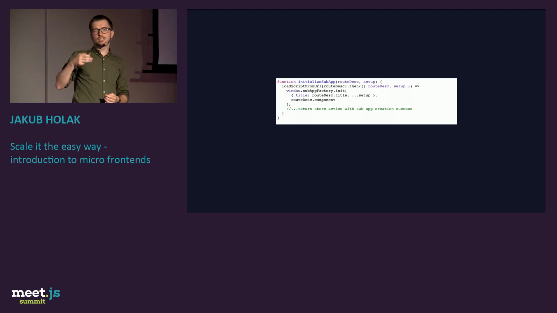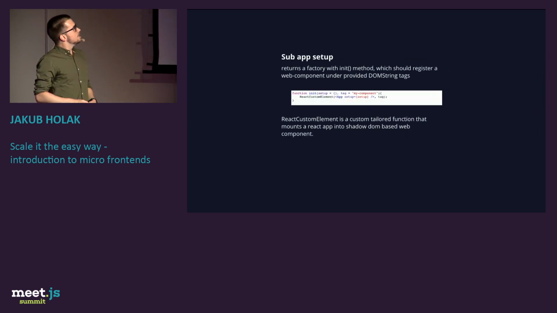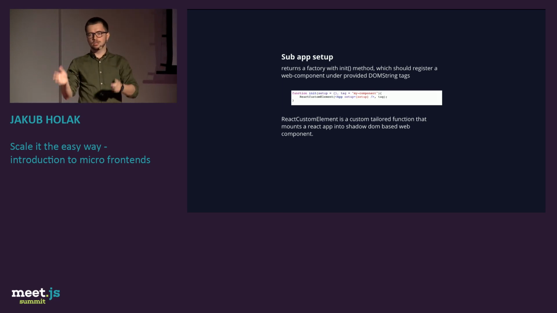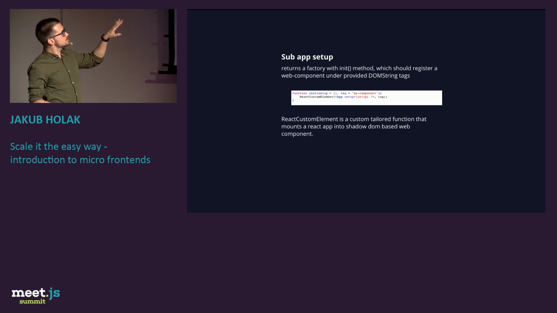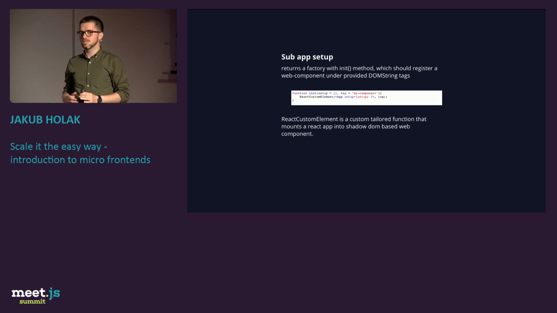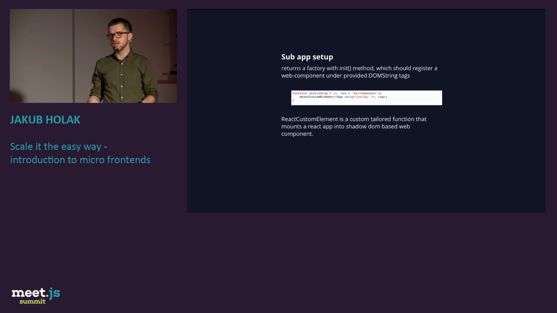If so, it takes the load script URL, gets the URL, and the URL is responsible, as I said, for providing a factory with an init method. We pass it the Amplify, and we pass it the DOM string that we want to use as a tag, and it uses the React custom element library. This is just a very simple library that mounts a React application to custom elements. So we have a web component, and in the web component we basically have a whole React application.